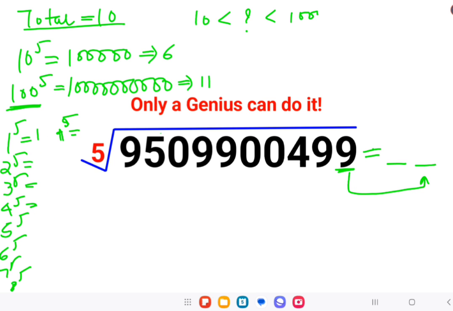Means 1 raised to 5 ends in 1, 2 raised to 5 ends in 2, 3 in 3, then 4, 5, 6, 7, 8, and 9. So the only number which will give us the last digit as 9 is 9 itself. So I can say my answer has the last digit as 9.